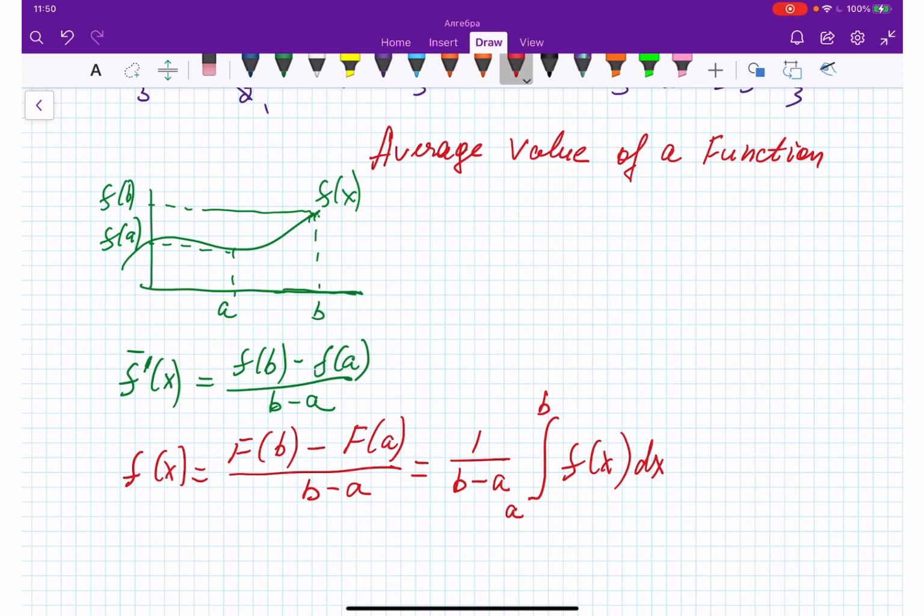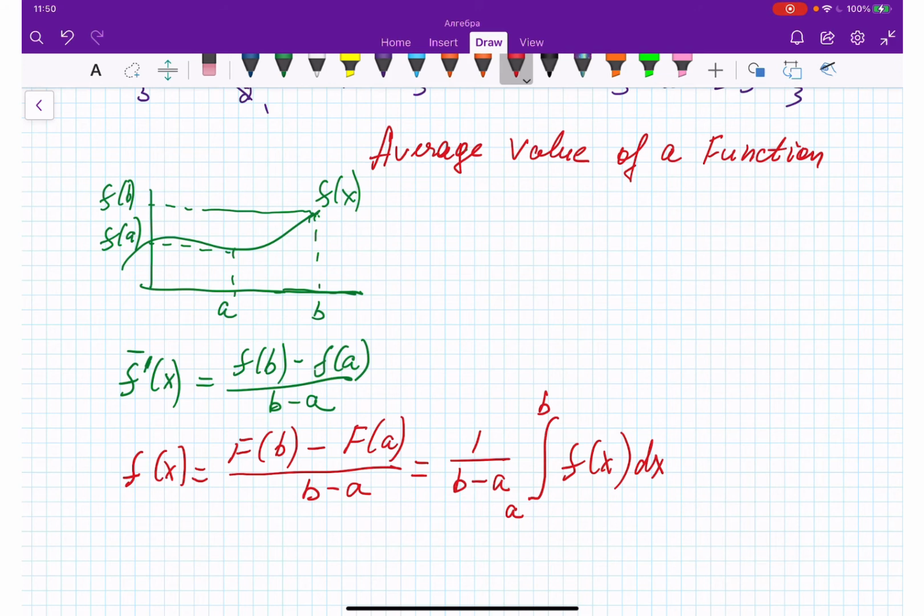So we are trying to find average value of function itself, not the tangent line, not derivative, but of the function, original function we have. All right.